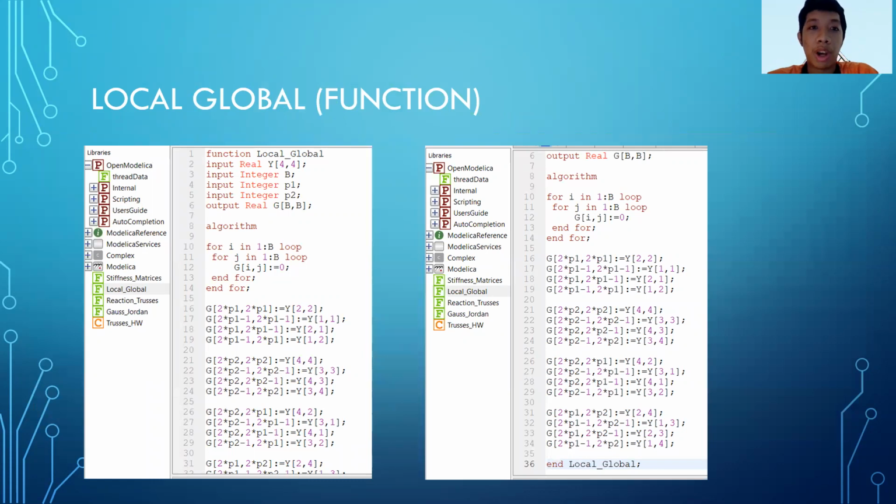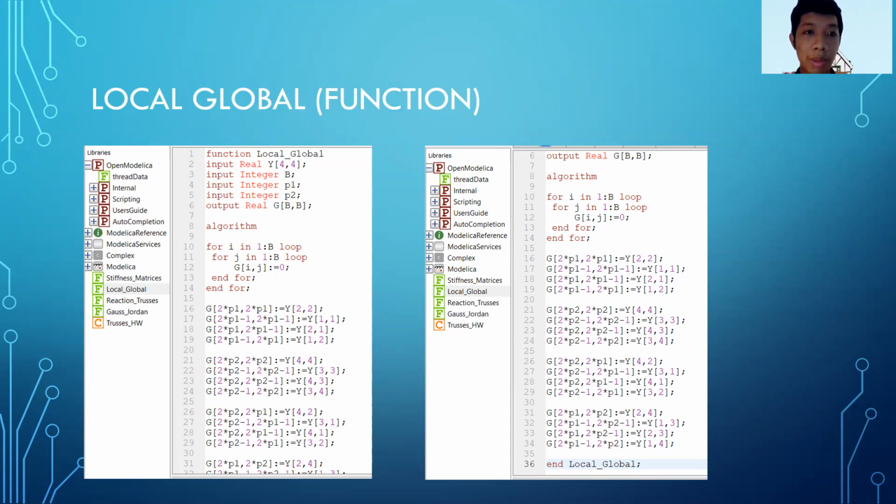So we can move to the local global function. In this local global function, we get the local of the stiffness, and we build the global from the multiplication of the other locals. The input is Y for a square matrix.